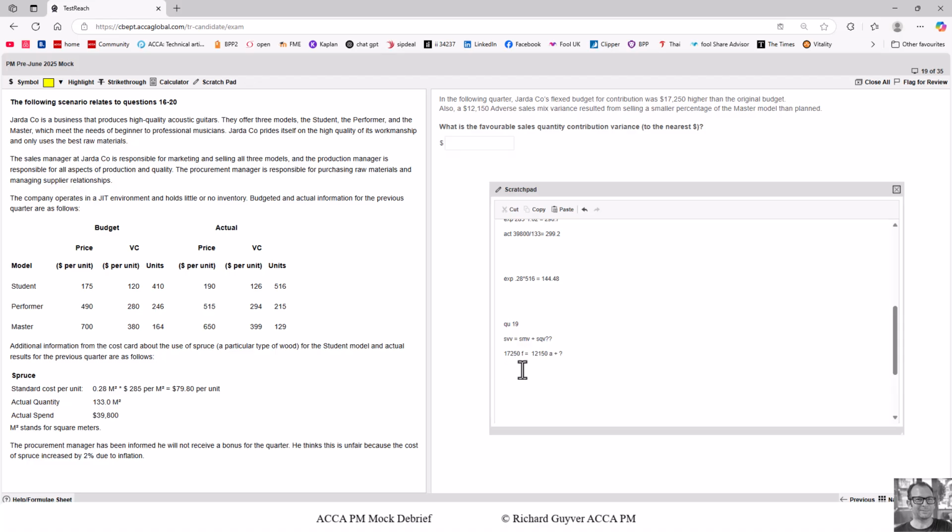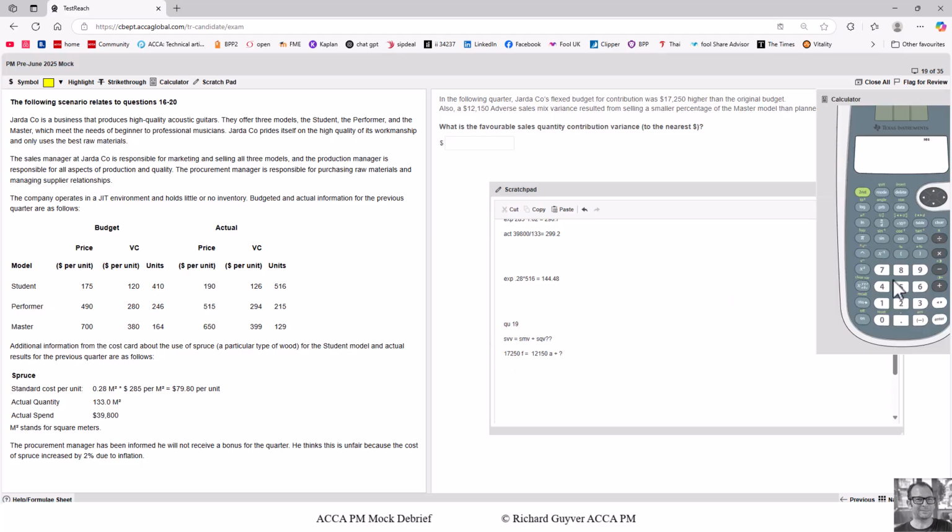If this is favourable and this is adverse, whatever's here must cancel out the adverse and also give us the favourable. So 17,250 plus 12,150 is 29,400. It's already told us it's favourable.